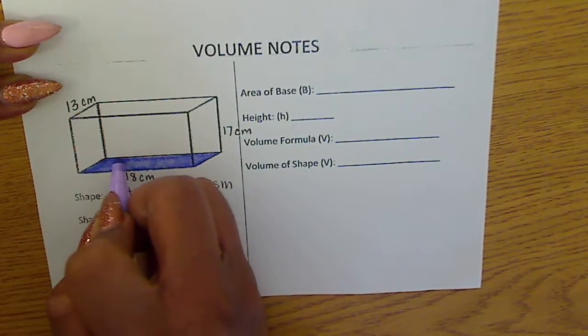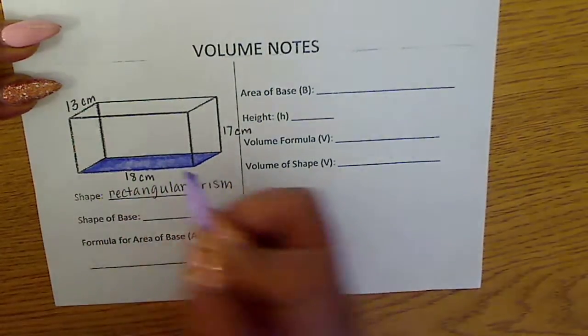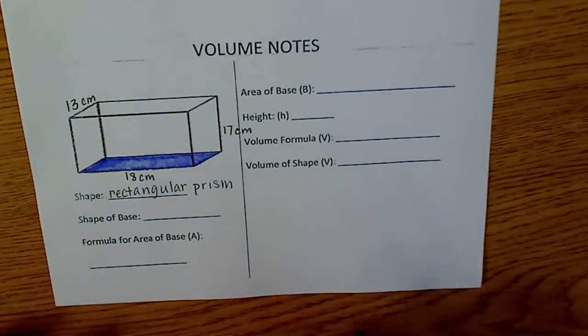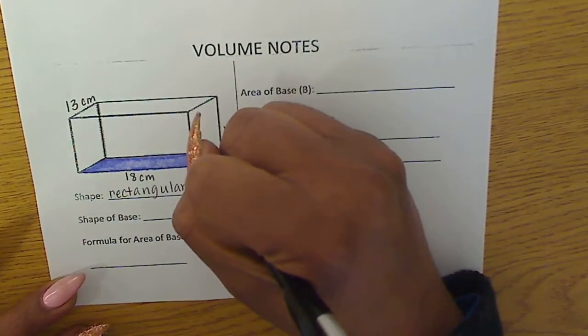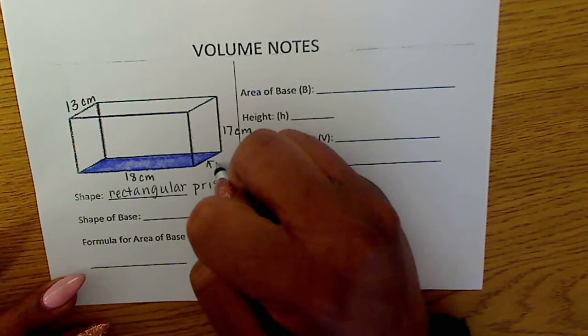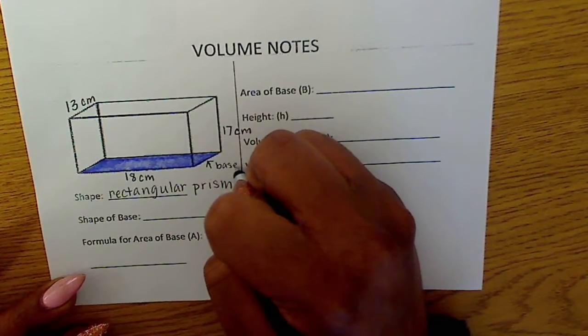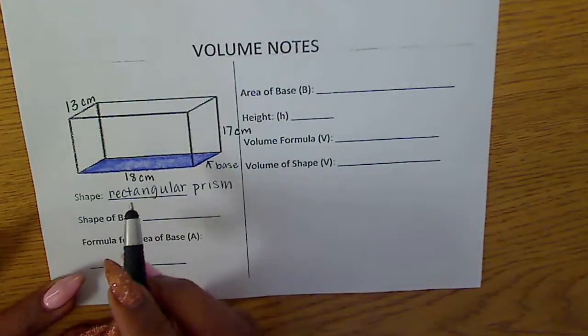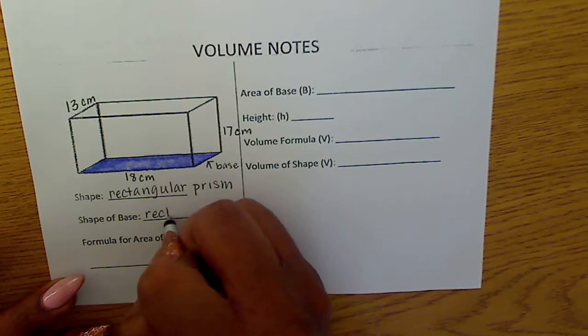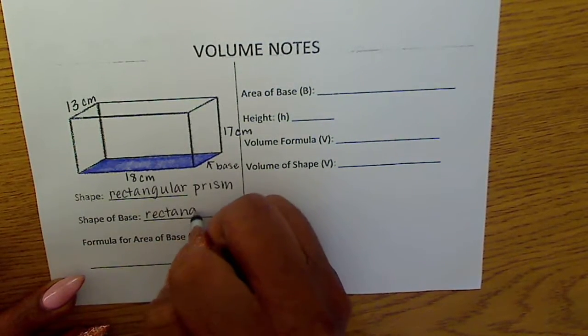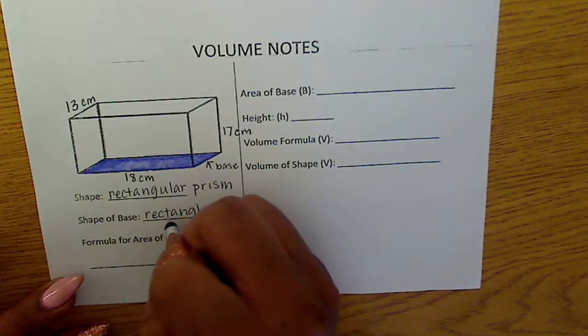Okay. So this is the base, and if you would like to label that as the base, that would be a good idea. And what's this shape? It's just a rectangle. And that's RECTANGLE.